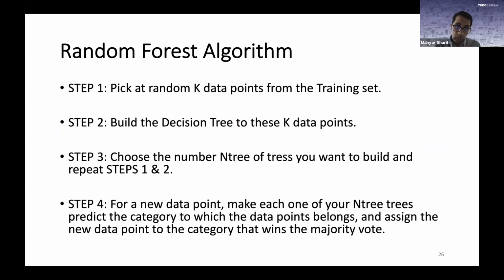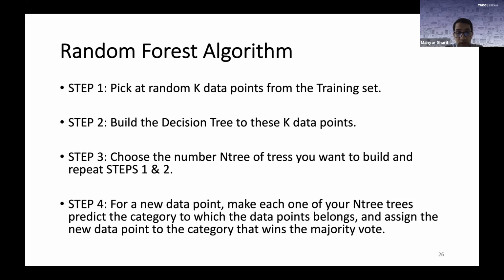So now that we know how that works, we can use the ensemble method called the random forest algorithm. In random forest, we are essentially selecting k random data points from the training data set. This happens with replacement, and we build a decision tree on this subset of data points.